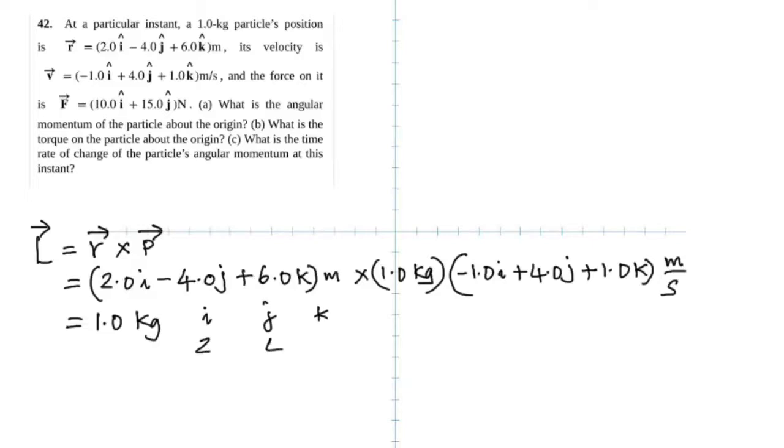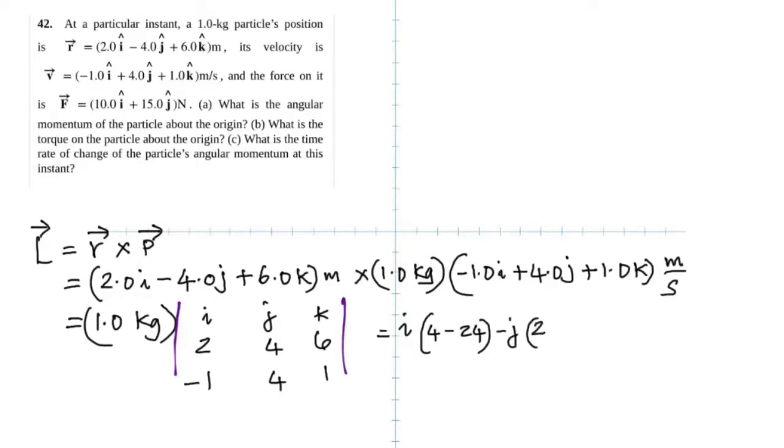So rearrange this to take the mass on the outside and take the cross product of these two vectors, i j k, put the coefficients 2, -4. I missed the -4 there, but I'm going to correct it. -4, 6, -1, 4, 1.